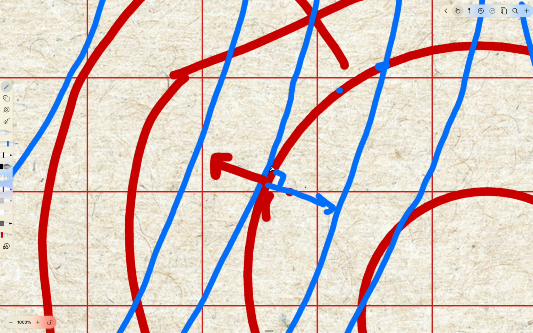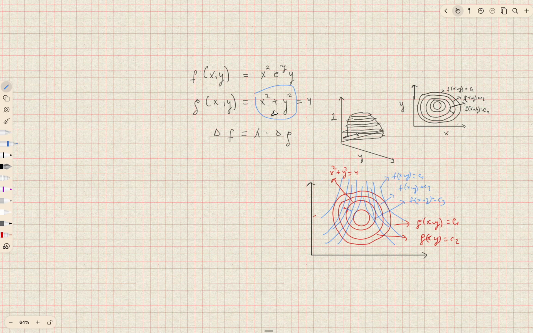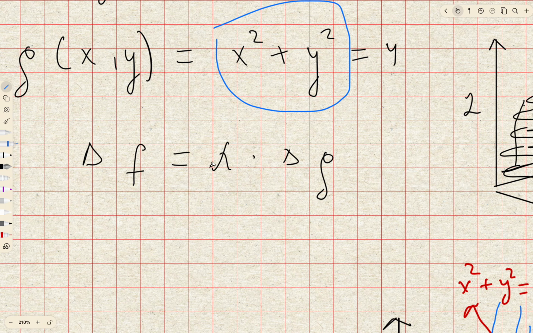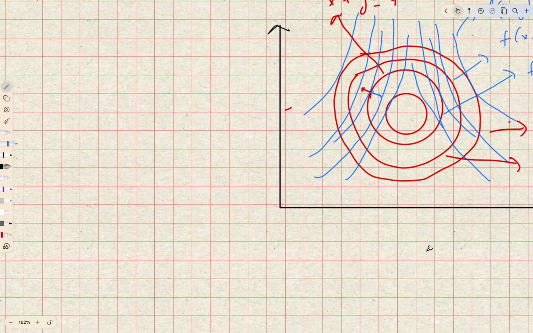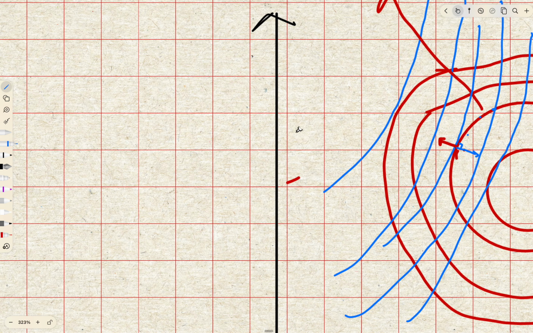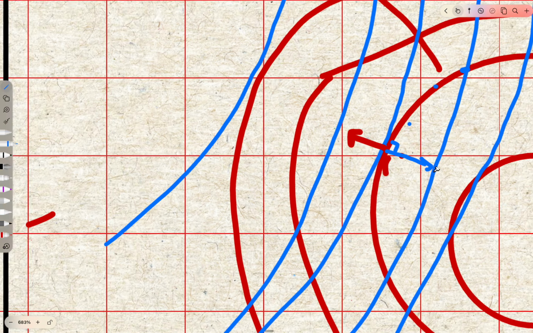And as you can see, they are in the same direction, or at least in this case, they are quite opposite, but if we just make alpha minus 1, we get the same result. So that's why we need alpha.